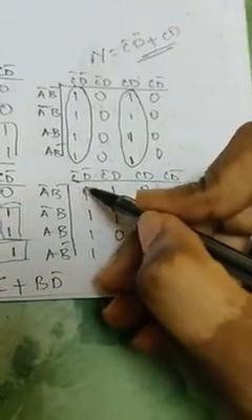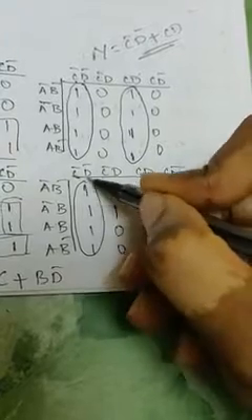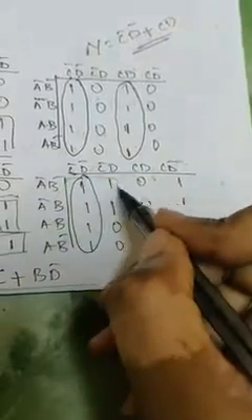Look at this last. So how many possible quads now? So when you look at this, you go with the horizontal one quad, right? Then two quads, right?